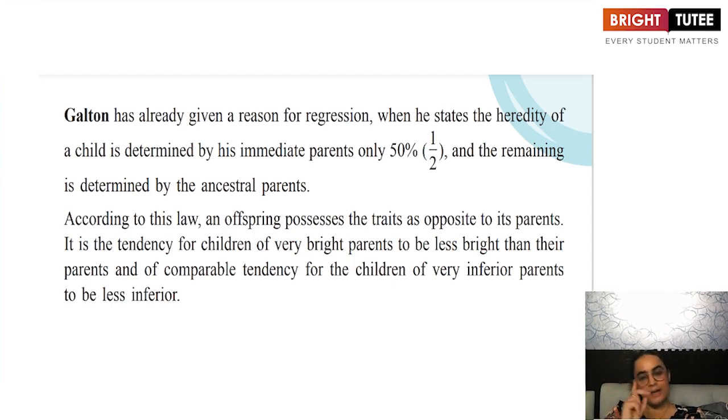So even if the parents were short but the ancestors were tall, the child is very much possible and probable to get a better height. So this means that the child possesses just as many qualities and traits of the parent as the child does of the grandparent. Okay?